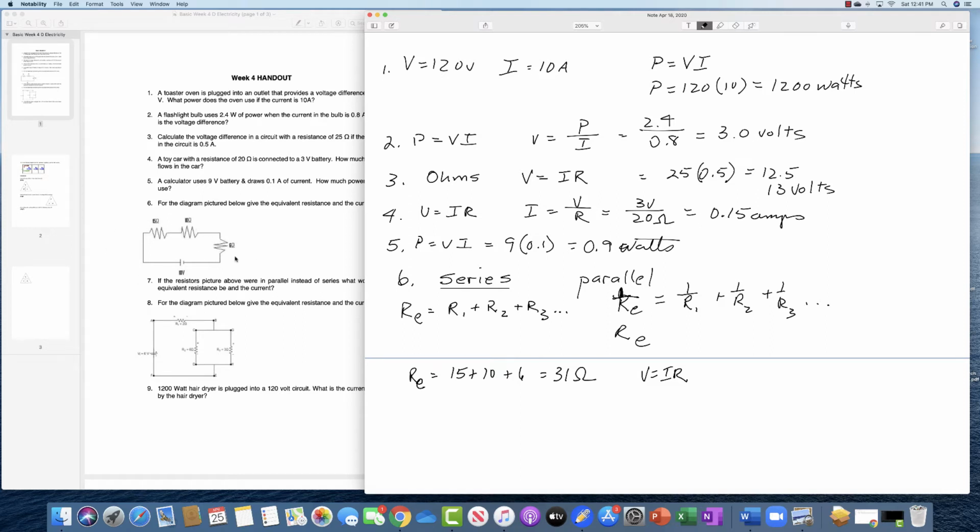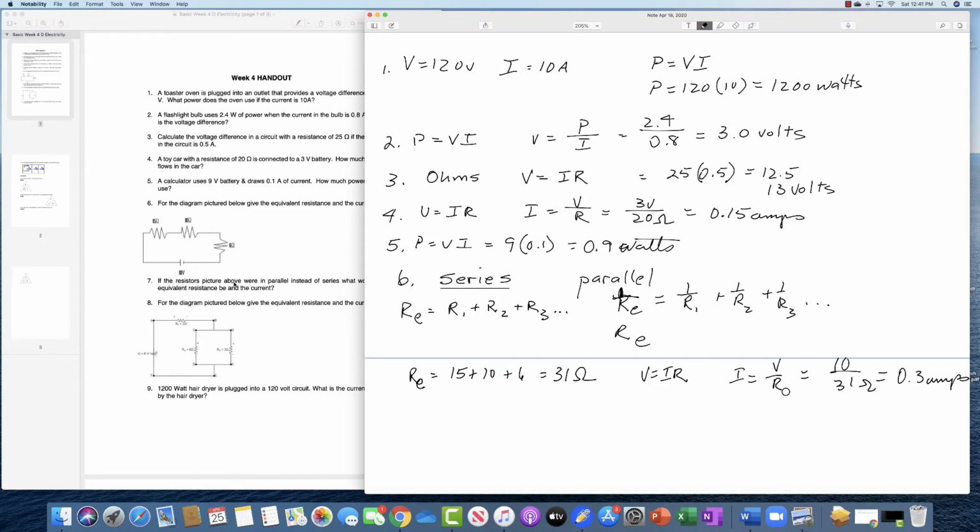The current remains the same throughout, and so they want to know what the current is. So we solve this equation for the current. I is equal to V over R. In this case it will be the equivalent resistance, and this is 10 volts, so we put 10 up here, and 31 ohms, and so it's approximately 0.3. I don't have my calculator with me here, but it's a little bit less than 1/3 being 0.33333, so it's going to be about 0.3 amps.